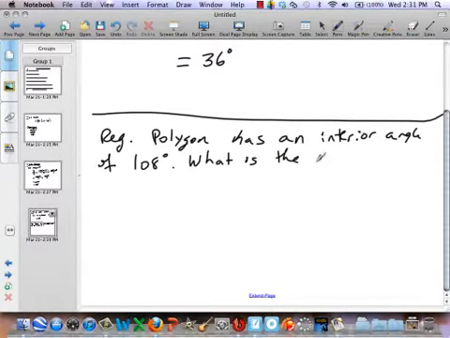What is the name? So basically, what type of polygon do I have?